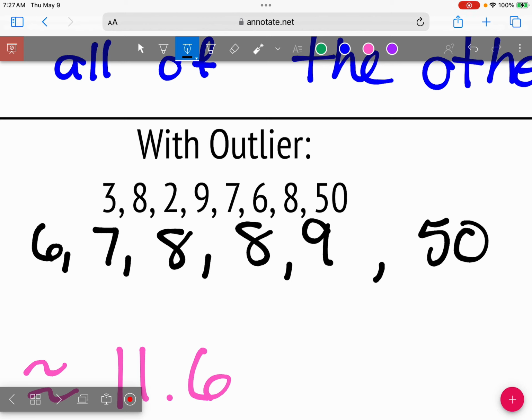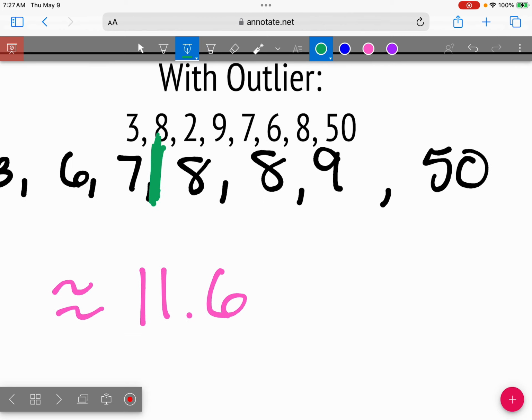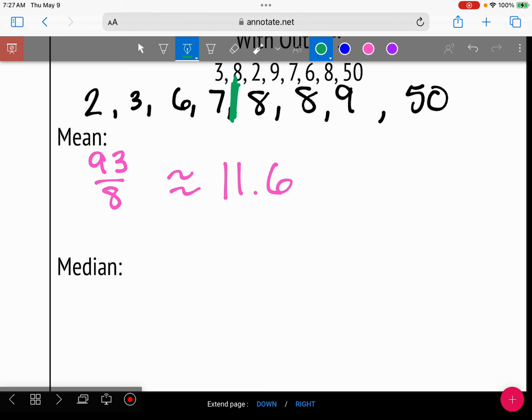So where's our median going to be? It's right between the 7 and the 8. When it's between two values, we find the average. So the average of 7 and 8 is about 7.5.